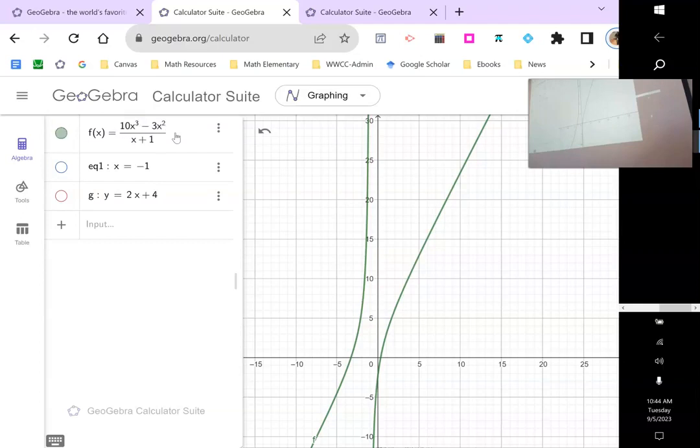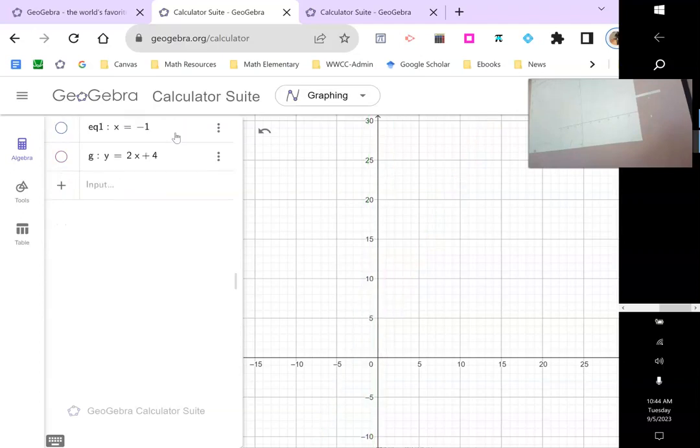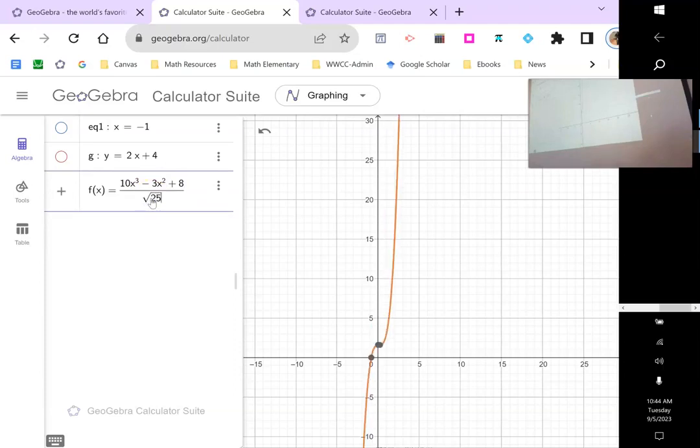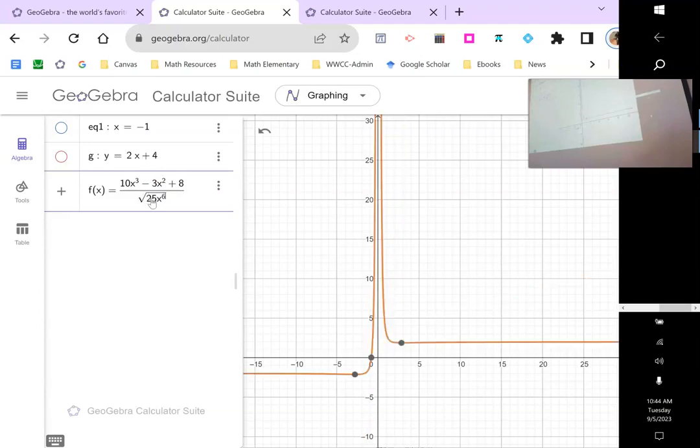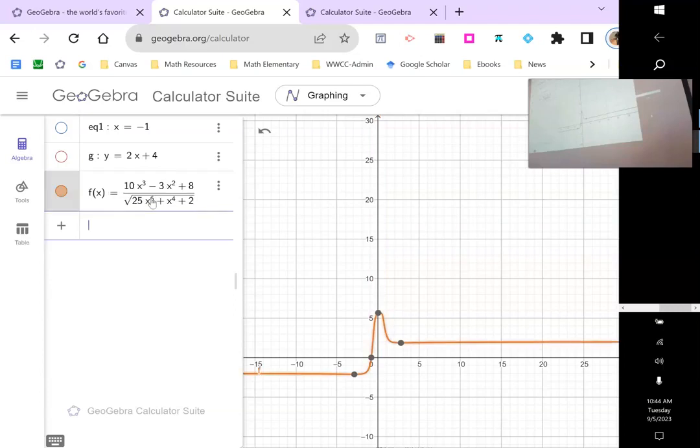Minus 3x squared plus 8, tab down there, f of x equals 10x cubed minus 3x squared plus 8, down to the denominator, square root of 25x to the 6th plus x to the 4th plus 2, hit enter.